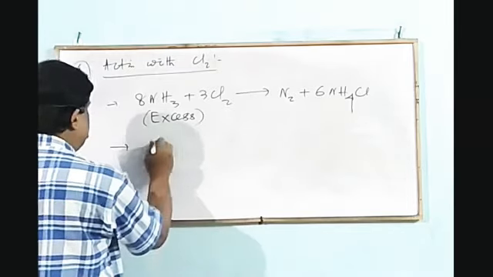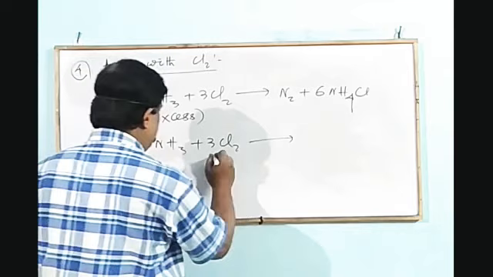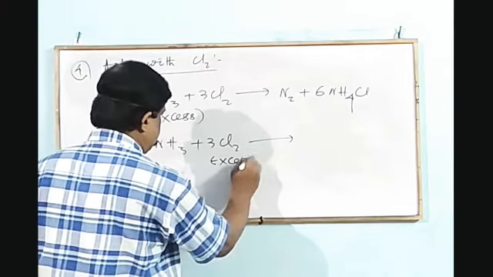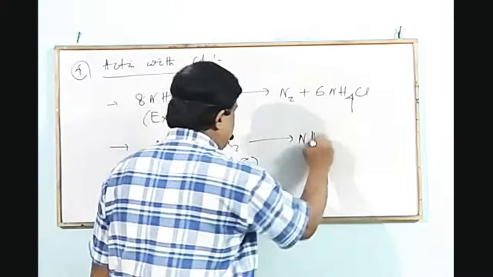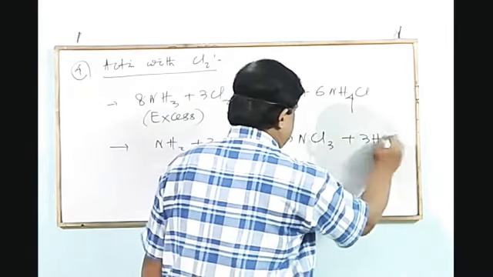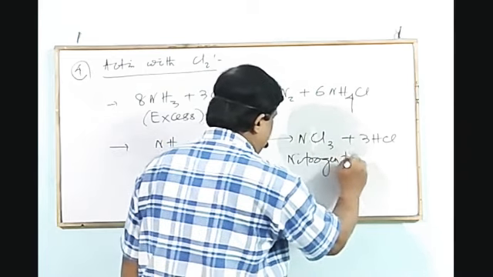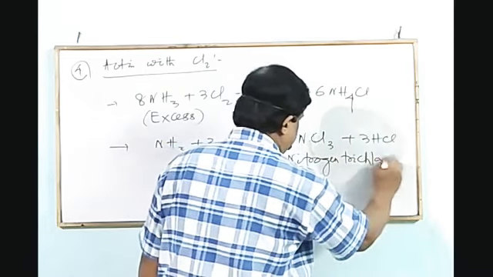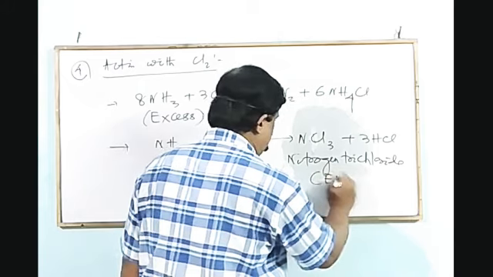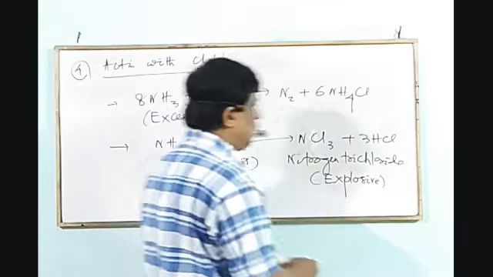Next one, NH3 plus 3 Cl2. Here chlorine is known as excess. Give rise to NCl3 plus 3HCl. It is known as nitrogen trichloride, used as an explosive. Mark that, very very important one.